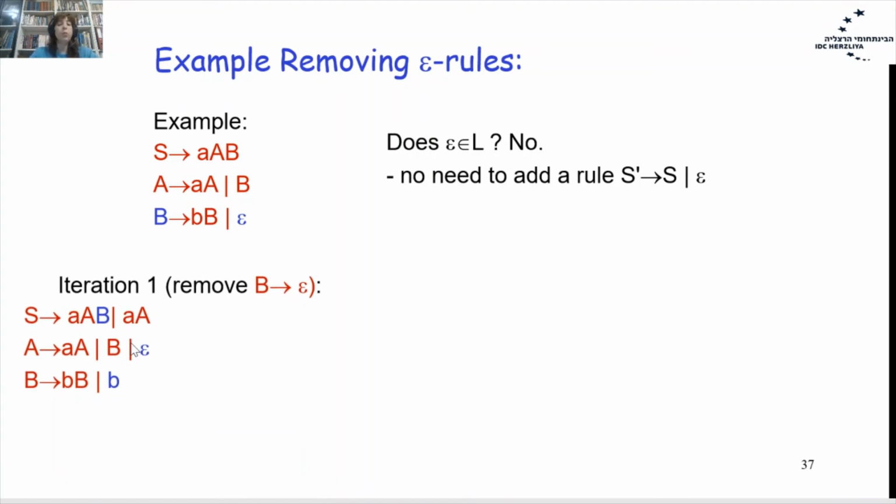After removing B derives epsilon, we should add additional rules where B is replaced by the epsilon.